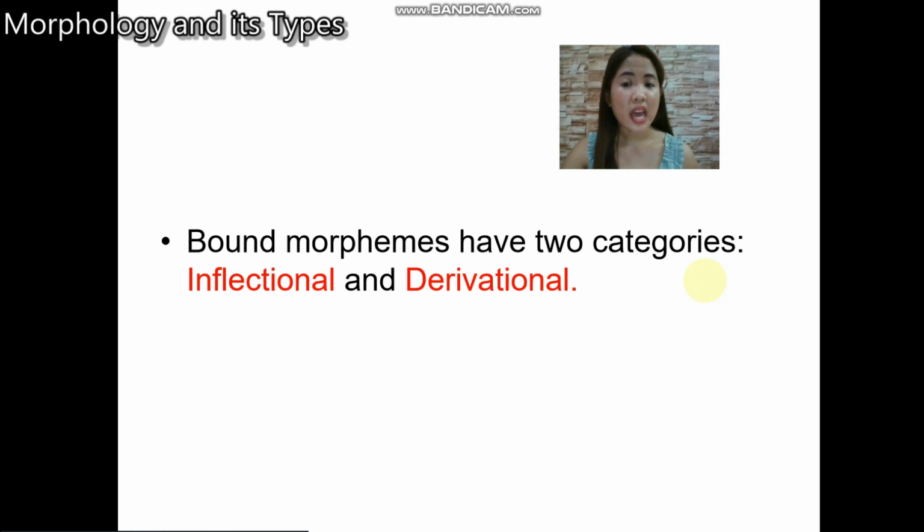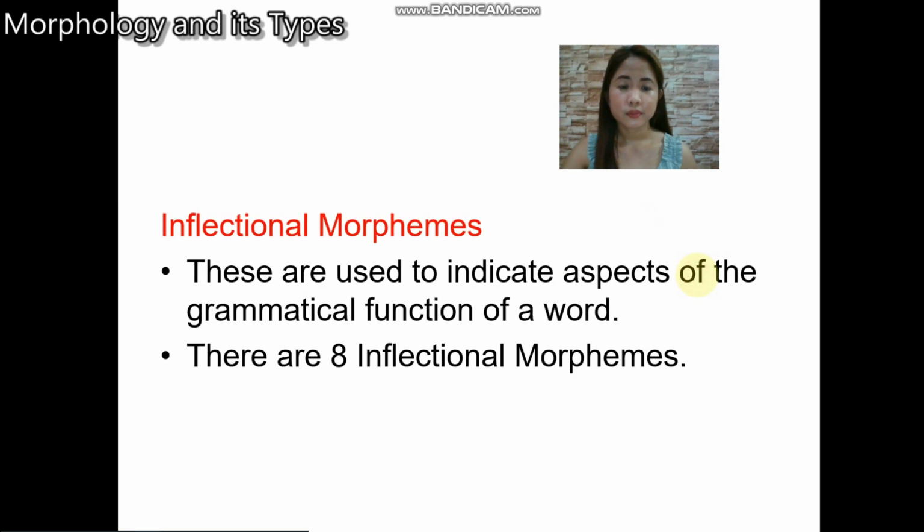Bound morphemes have two categories. First is the inflectional morpheme, and the other one is the derivational morpheme. Inflectional morphemes are used to indicate aspects of the grammatical function of a word. There are 8 inflectional morphemes.